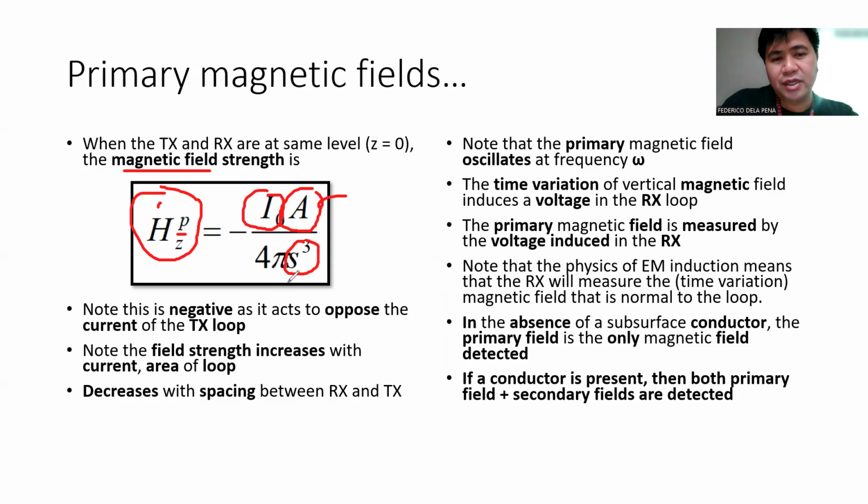The bigger the separation, however, between the TX and the RX, the smaller the magnetic field from the transmitter.